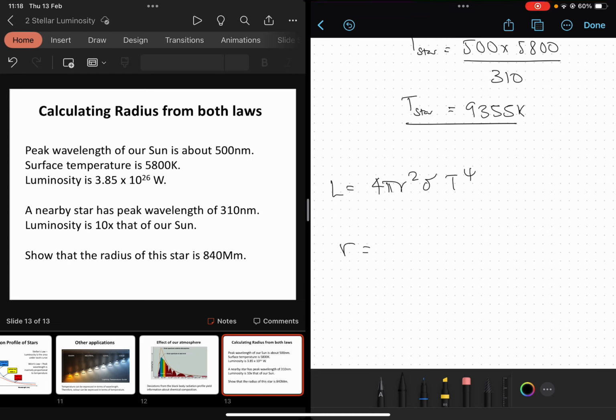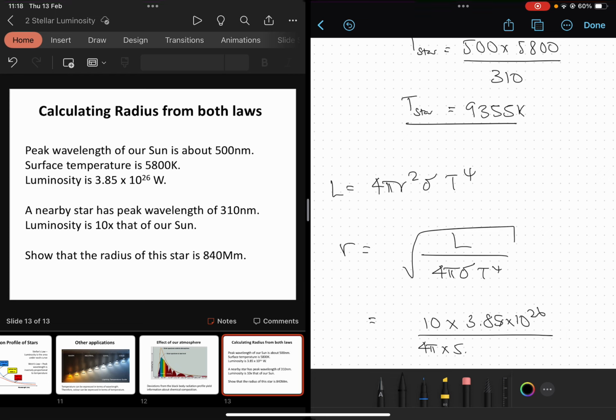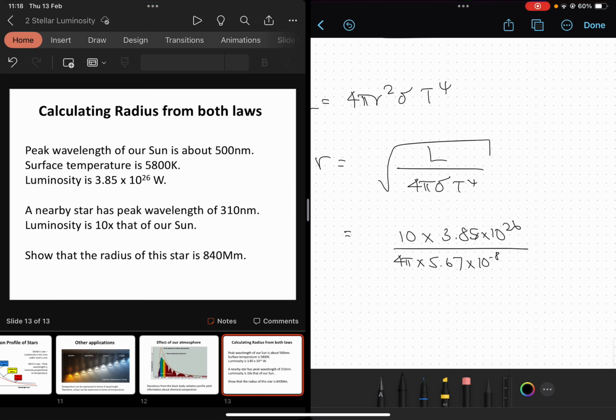Radius is what I need. So if I rearrange that, it's luminosity over 4 pi sigma T to the 4, and I need to square root that. The luminosity of the star is 10 times that of the sun. Divide that by 4 pi, multiplied by Stefan's constant. An interesting set of numbers, 5, 6, 7, and 8.